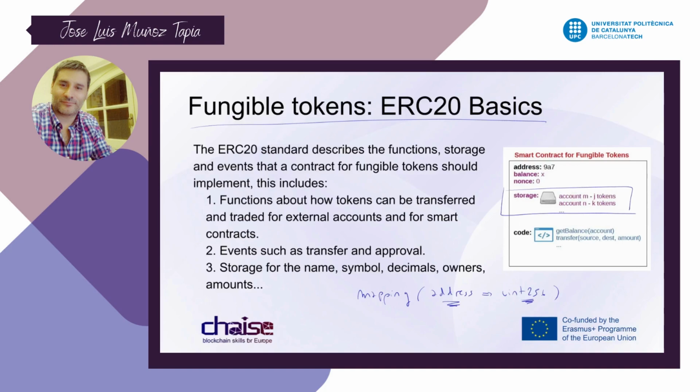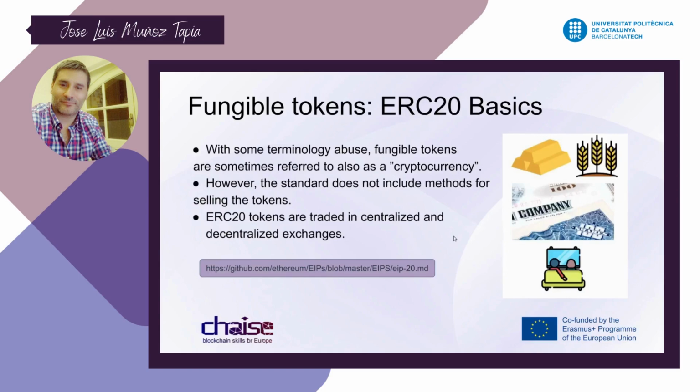So, as I said, this standard ERC20 is for fungible tokens, and you can check the standard there. And essentially, many Ethereum standards don't define exactly the functionality. I mean, they don't provide us the implementation of the functionality.